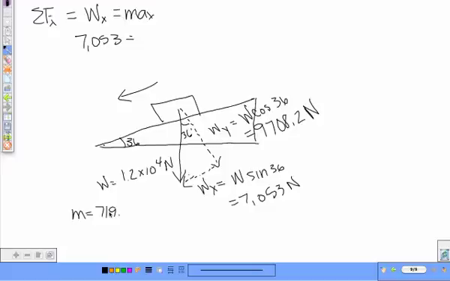So this is equal to 719.6 times A. And I got 1,224. Oh, you use your weight, the 12,000.